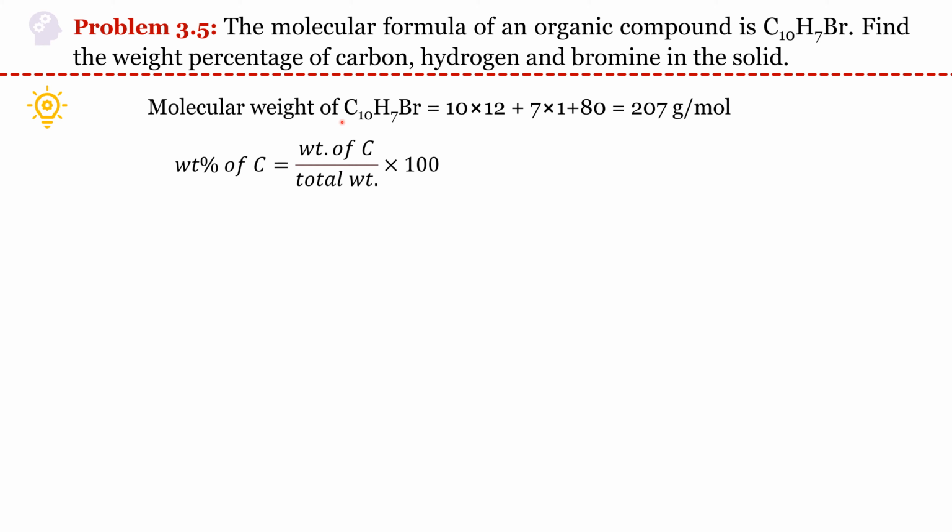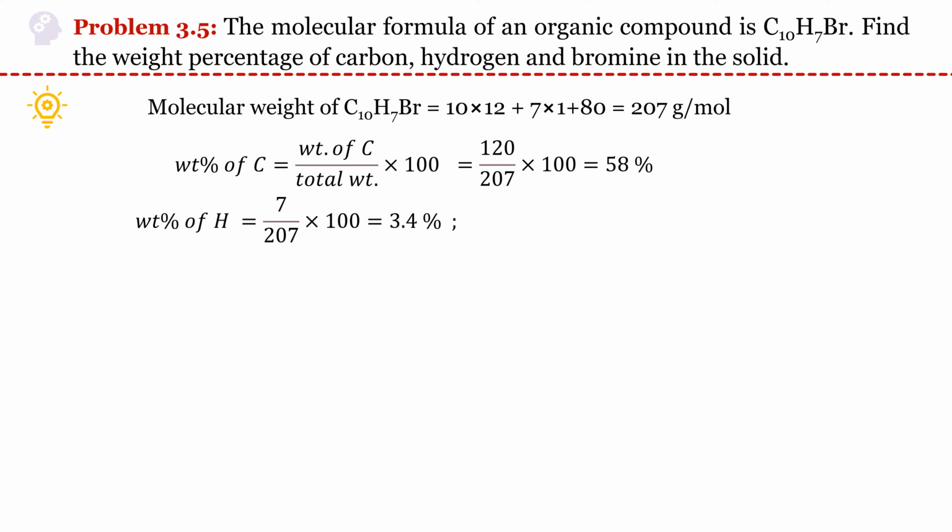The weight of carbon will be equal to 10 into 12, so it will become 120 divided by the total weight, and it will come out as 58%. In the same way we can find the weight percentage of hydrogen and bromine. The weight percentage of hydrogen will be equal to 3.4%, and the weight percentage of bromine will be equal to 38.6%.